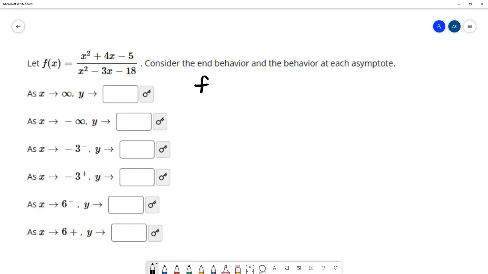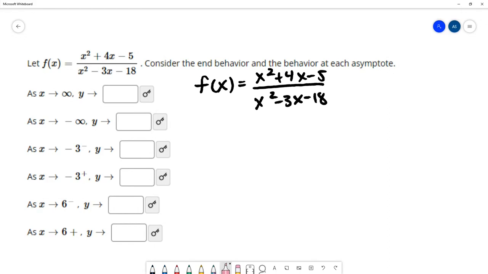Let me copy down the function f of x equals x squared plus 4x minus 5 over x squared minus 3x minus 18. And I'm going to start by looking for the vertical asymptotes. The vertical asymptotes can occur when we have some sort of restriction on the domain. So I want to find any restrictions for the denominator.